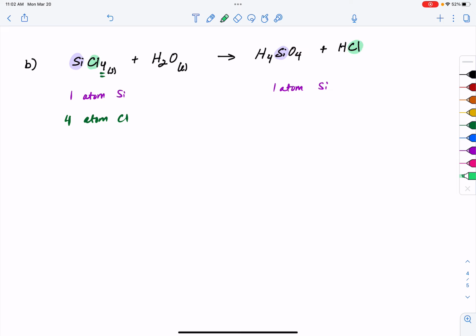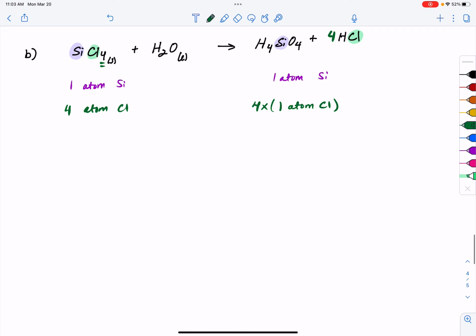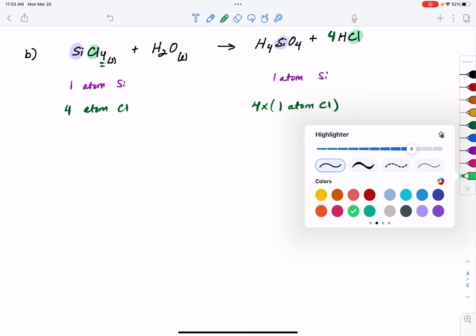However, this contains only 1 atom of chlorine, meaning that I need to multiply the number of molecules containing chlorine on my product side by 4. So I've now quadrupled the amount of HCl on my product side.